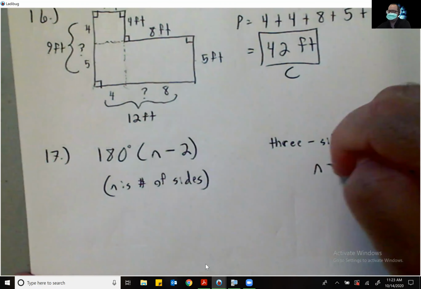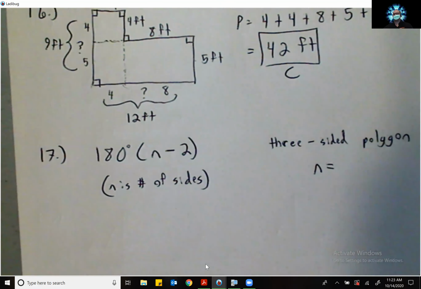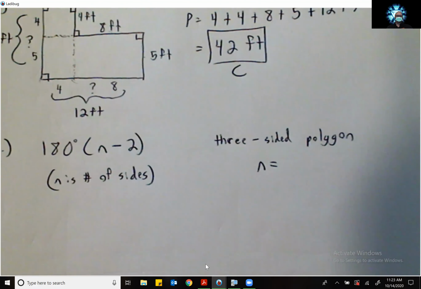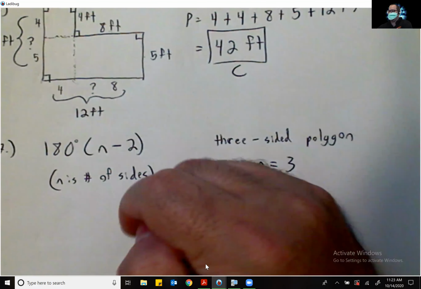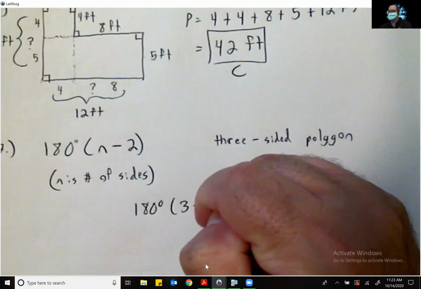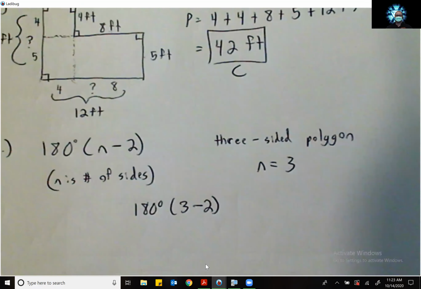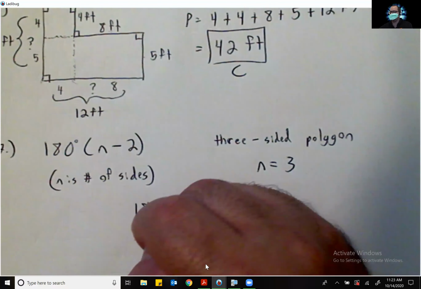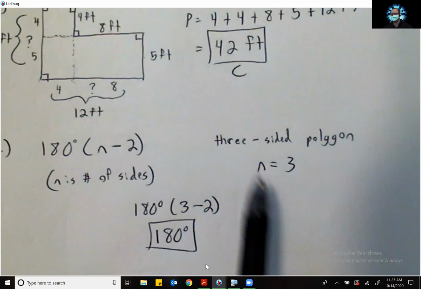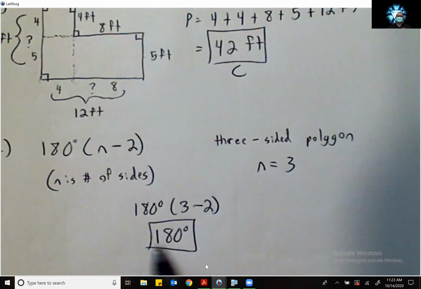What is n? So n equals 3. So all we got to do is take 180 degrees times 3 minus 2, and that will be our answer. What's 3 minus 2? 1. And 1 times 180 is 180. Which makes sense because we talked about earlier that triangles, which are three-sided figures, have to add up to 180 degrees.